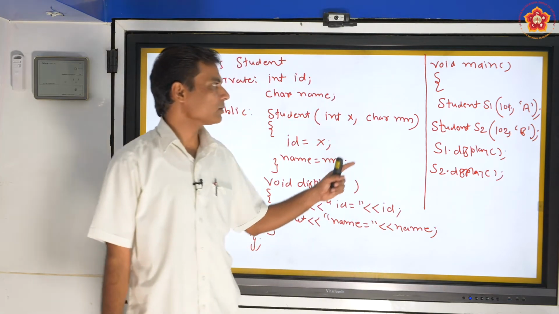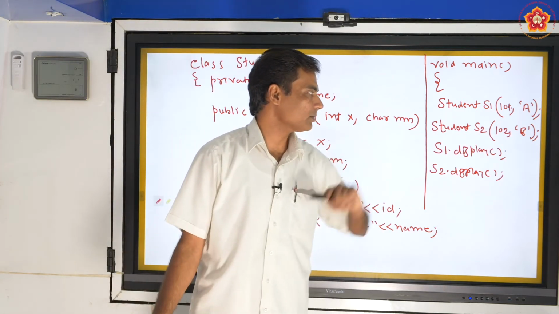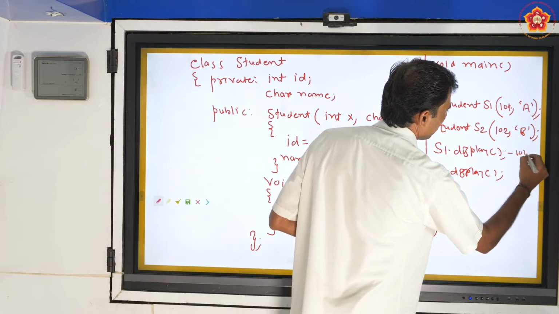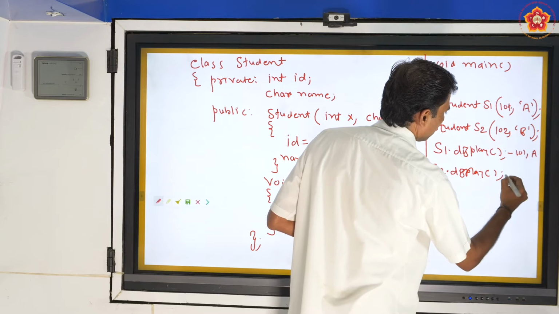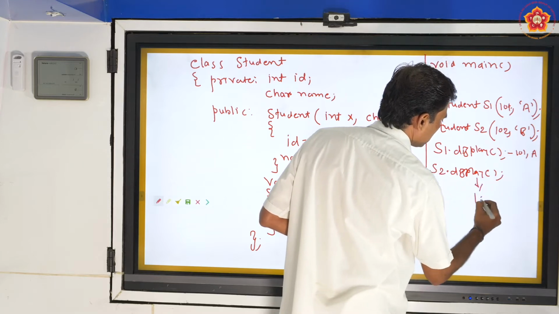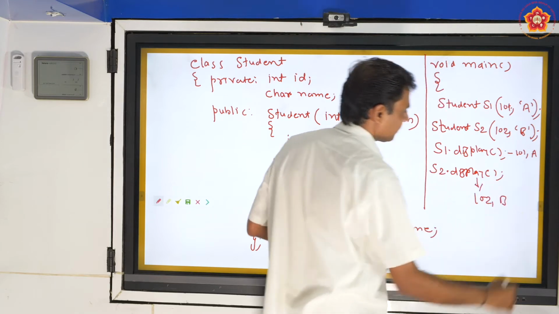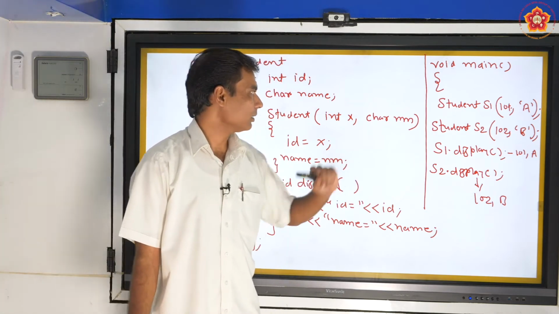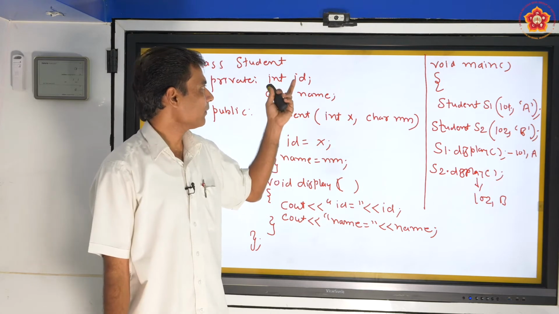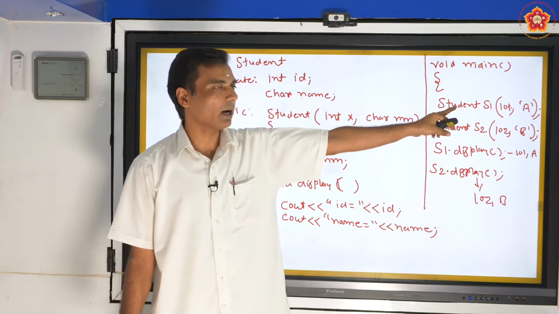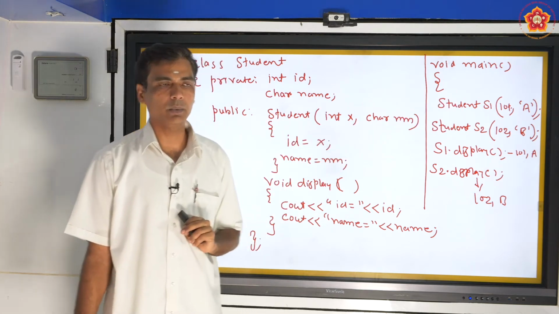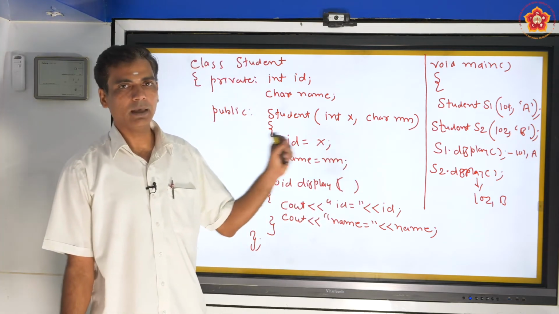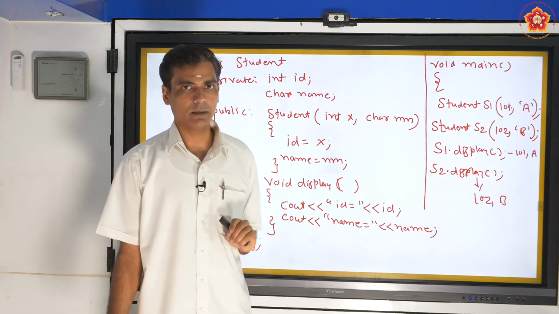I will get id as 102 and name as b. So here the output will be 101 and a, and here the output will be 102 and b. Why? Because for object s1 the values of id and name are 101 and a respectively, and for object s2 the values of id and name are 102 and b respectively.